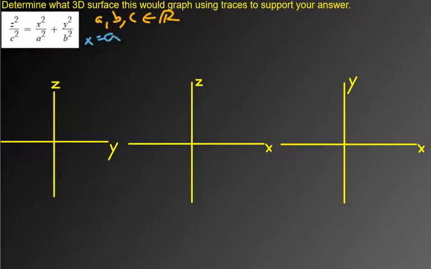x equals A, okay? So if you do x equals A, and you try to think about what it looks like in 2D, you're going to get z squared over c squared equals 1 plus y squared over b squared.